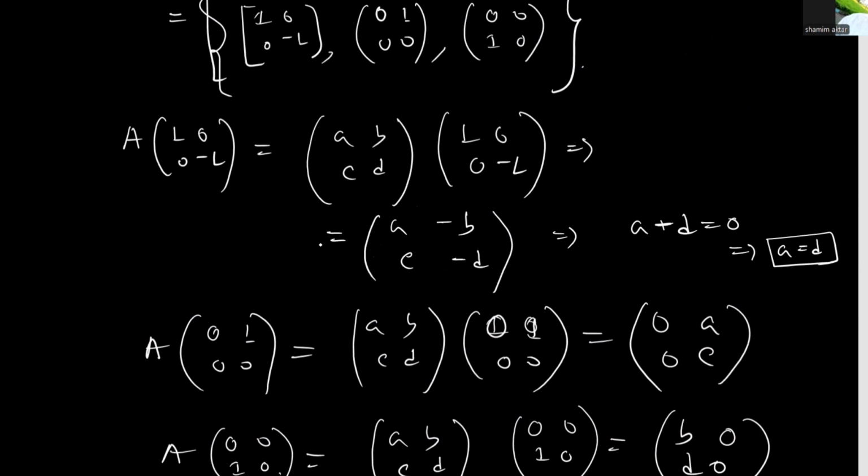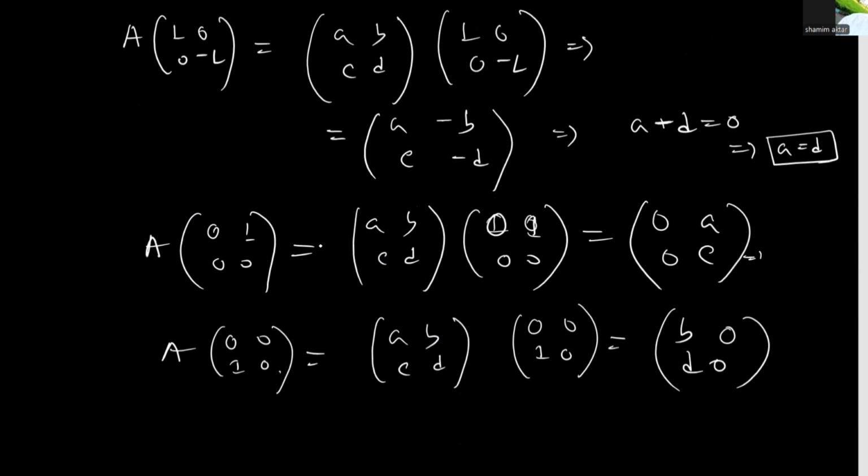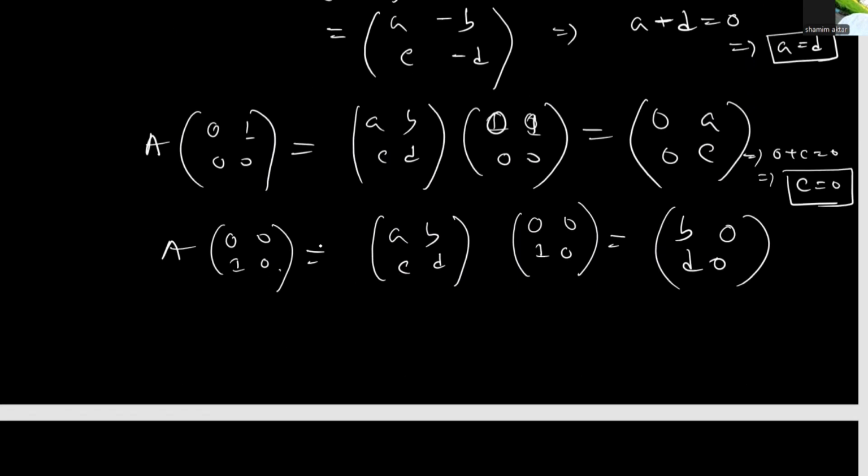And from the second matrix, trace 0 plus c is equal to 0, so c is equal to 0. And from the third matrix, trace b plus 0 is equal to 0, so b equals 0. So these three conditions are given: c is equal to 0, b is equal to 0, and a is equal to d. That is, the diagonal elements of this matrix are equal and the off-diagonal elements are all 0.